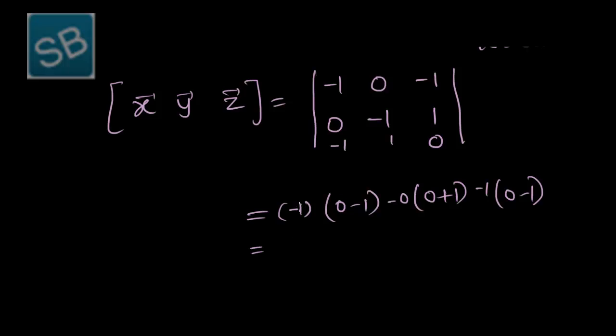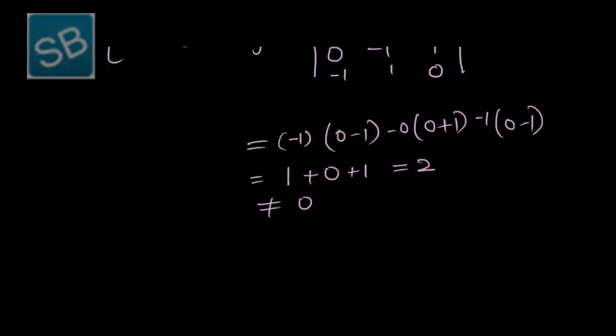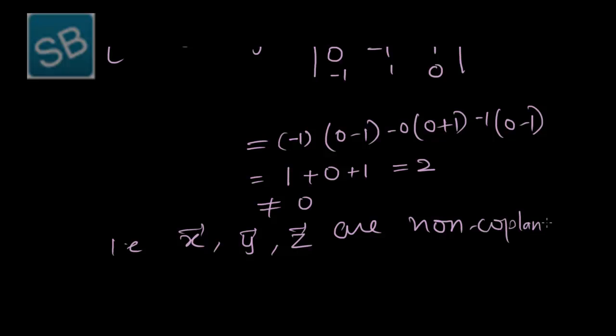So we get plus 1, plus 0, plus 1. That gives the value 2. The determinant is not equal to 0, that is, the scalar triple product is non-zero. That is, vector x, vector y and vector z are non-coplanar. And here you can see we take the first vector as x, second vector as y and third vector as z as given in the question.